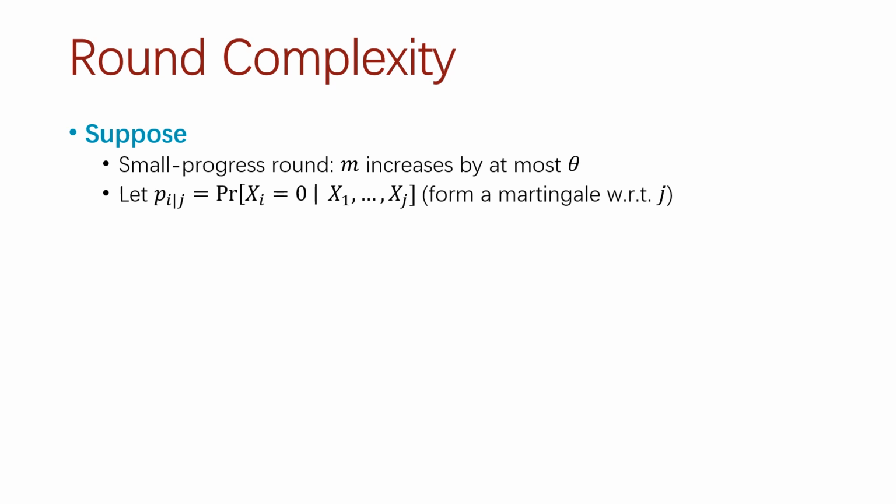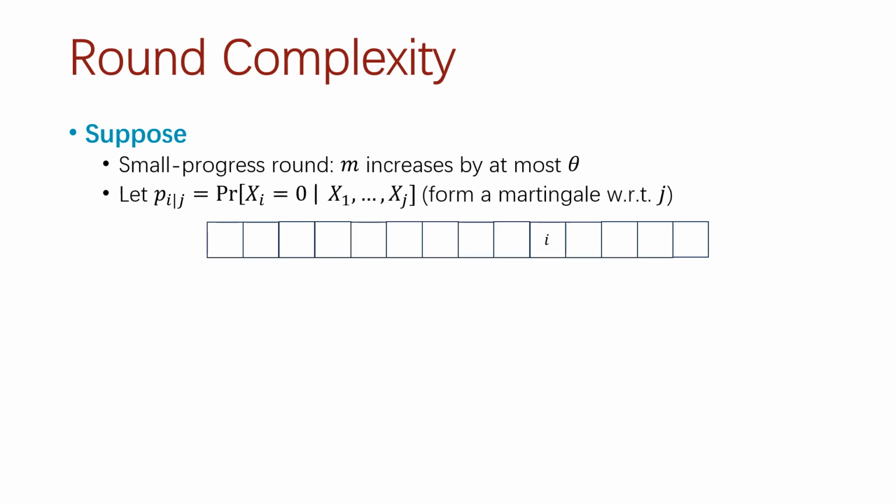Here, pi given j can be viewed as a random variable with respect to x1 to xj. So pi given j forms a martingale for fixed i with respect to j. Because of this martingale property, pi given j can vacillate only mildly between i minus theta and i minus 1.